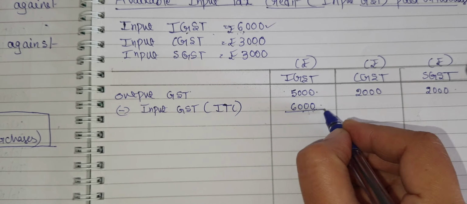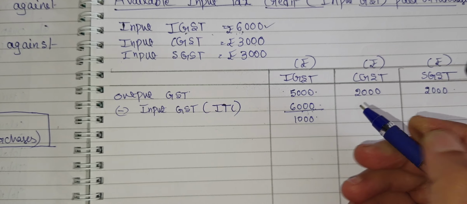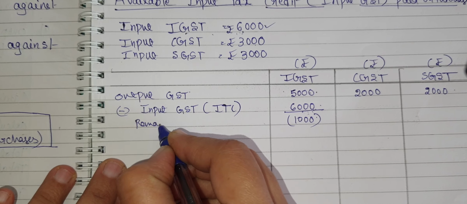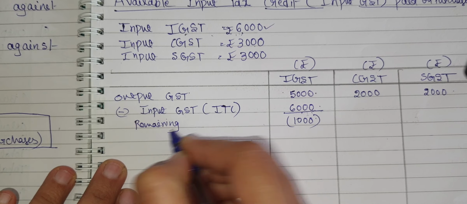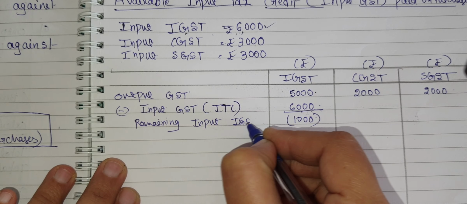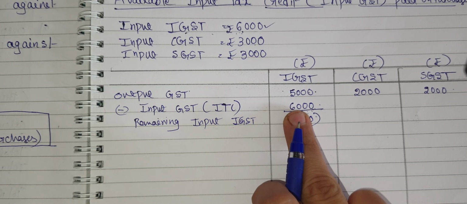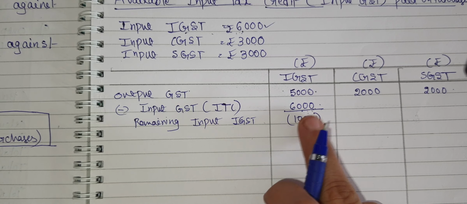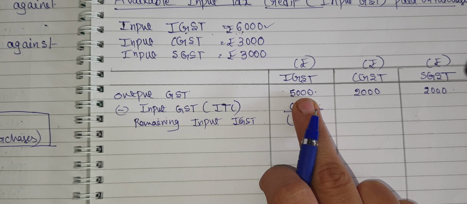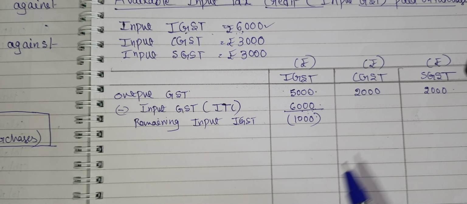Fine, so the remaining rupees 1000 is the remaining input IGST. See here, again I will explain. Rupees 6000 tax is paid on purchases, and rupees 5000 is the tax collected on sales.